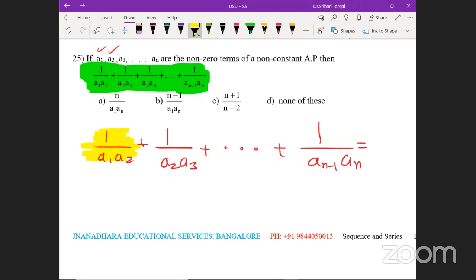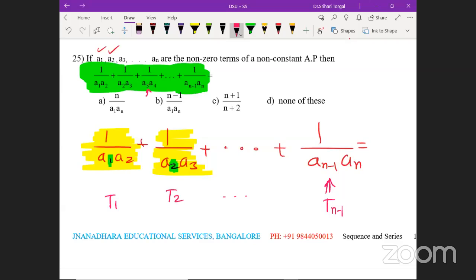This is the first term, because we have 1 here, and this is the second term, because we have 2 here, and this is the third term, because we have 3 here. What is this last term? This is Tn minus 1. This is T1, T2, up to Tn minus 1.